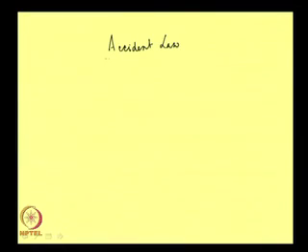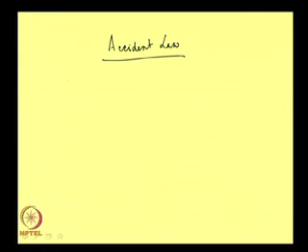So, this was more or less our discussion of auction theory. What we are going to do in the next lecture, I am going to introduce the topic right now. It is known as accident law.